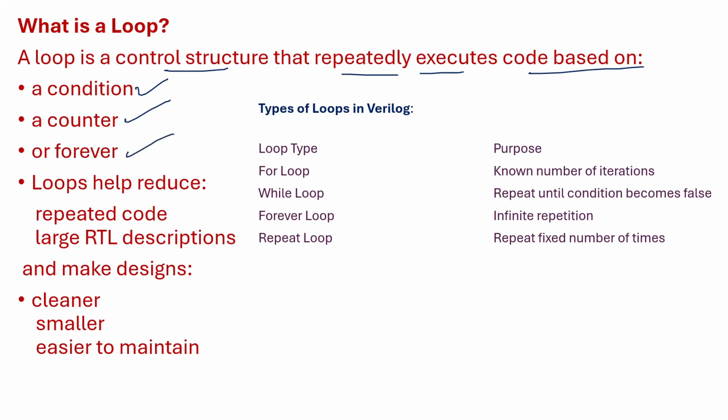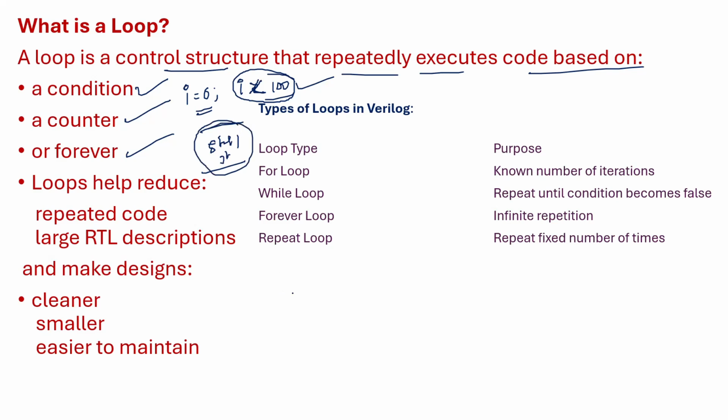Most of the time you give the condition like initializing i equal to 0 and then i less than 100. That means from i equal to 0 up to 100 times I repeat these statements, statement 1, statement 2.